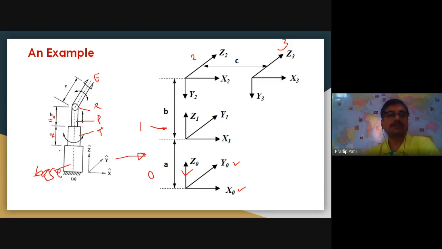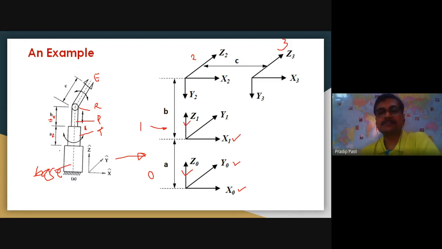So I will define the frame over here. Okay, so this is our frame one here, and the z-axis I will show, as there is a rotary joint, like this. So I will provide the z-axis like this, and since this z and this z are coinciding, I'll just take the x-axis, just to maintain the reference, parallel to the x0, that is x1.